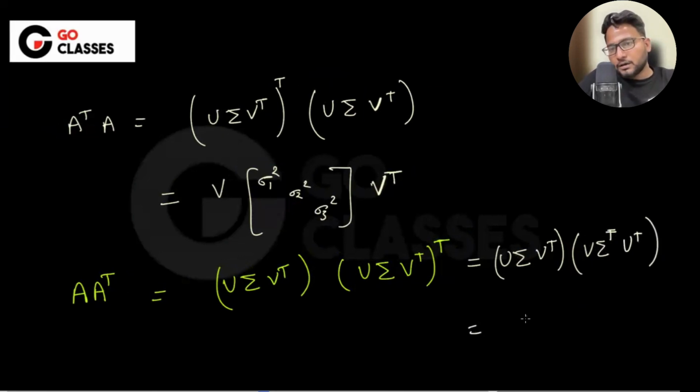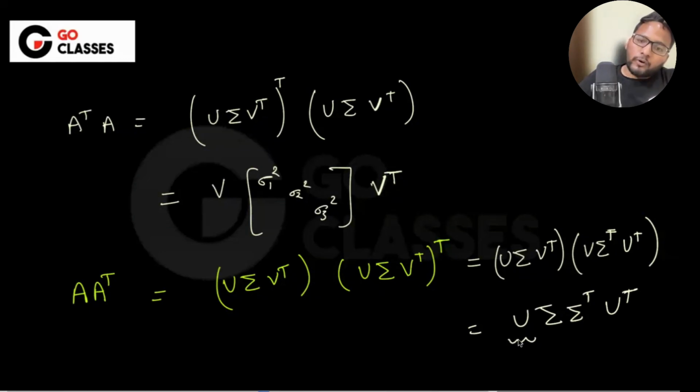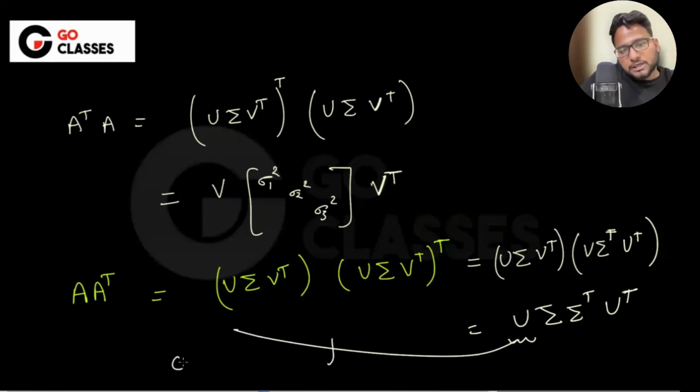So from here, you will be getting U sigma, this will be identity, sigma into sigma transpose, and then this is U transpose, right? So again, what is this U? This is the eigenvectors of A A transpose. So if you want to get U, you can get it as the eigenvectors of A A transpose.